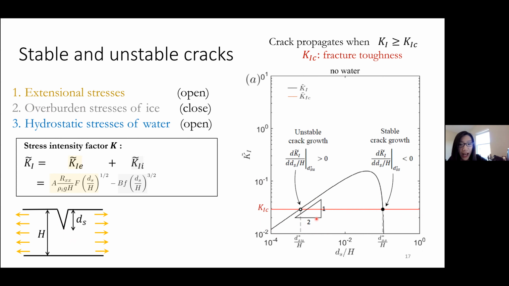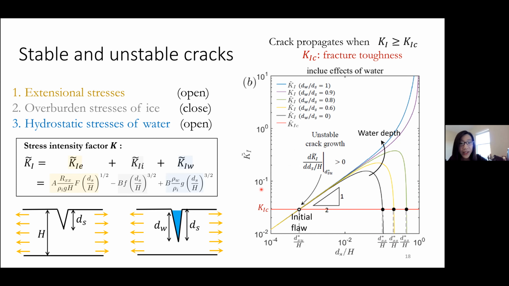For a smaller crack depth, the extensional stress dominates, and that can destabilize the crack. But for a larger crack, the effect of the overburden stresses comes in, and that can stabilize the fracture. So in this scenario, this is the final stable depth for the fracture.